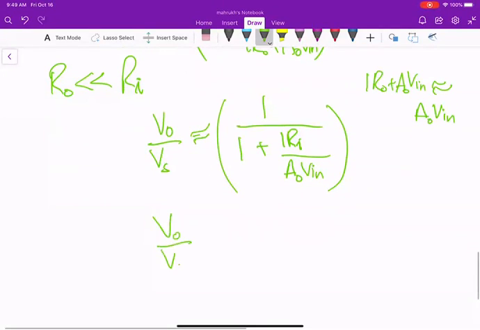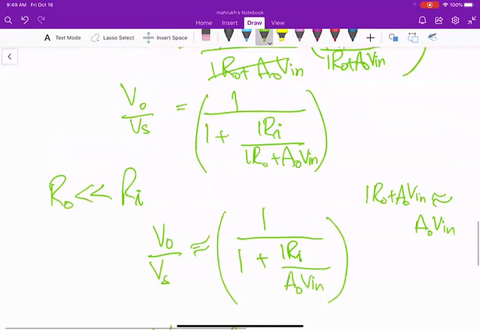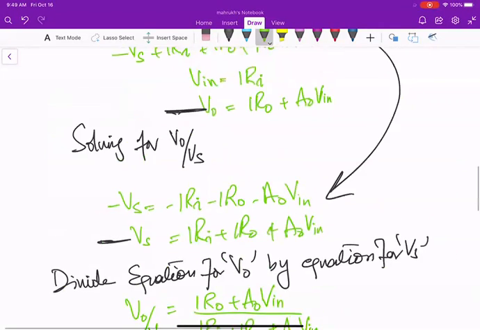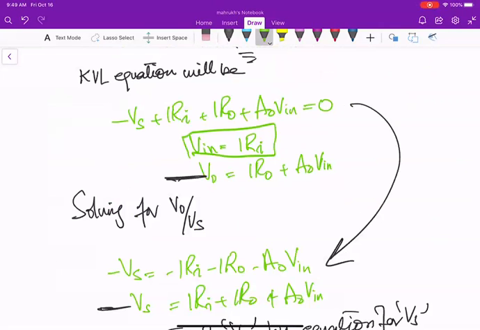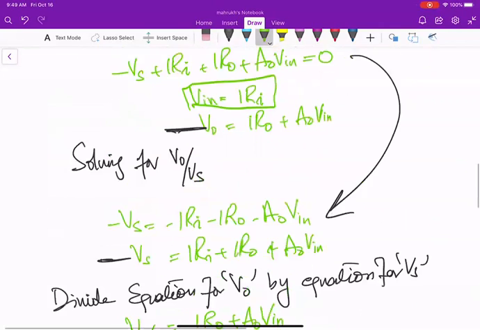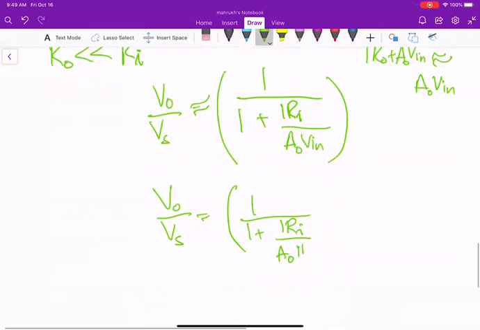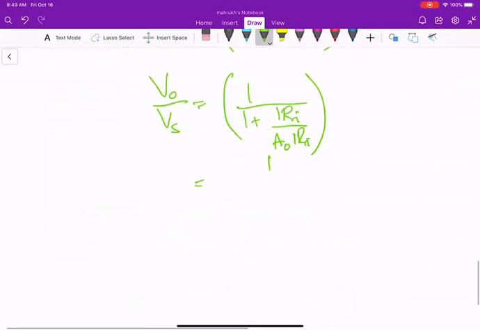So V naught by Vs is equal to 1 plus IRI. We know that V in is IRI, so we will just replace this here.